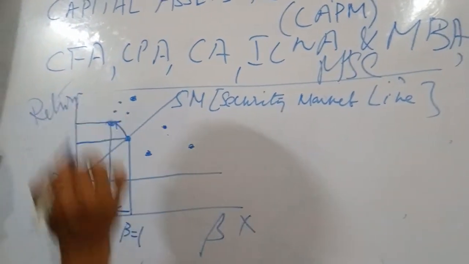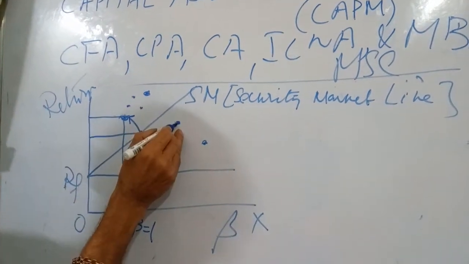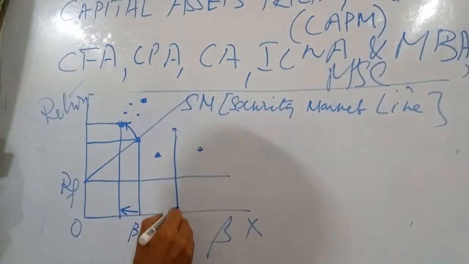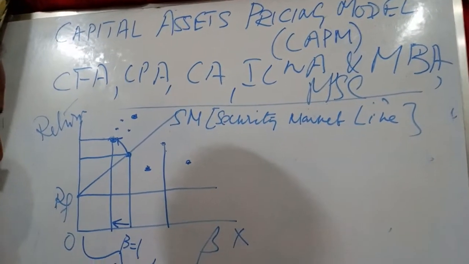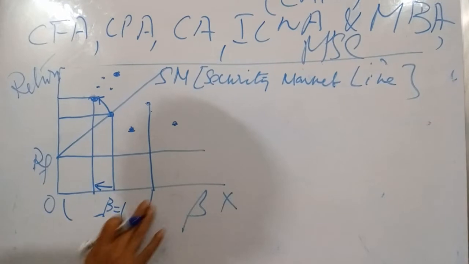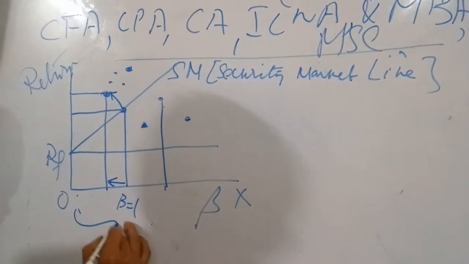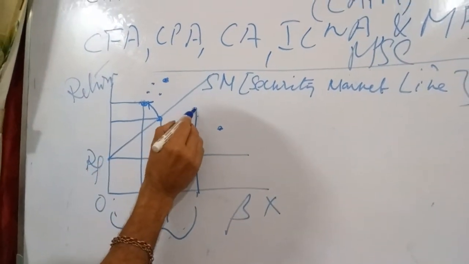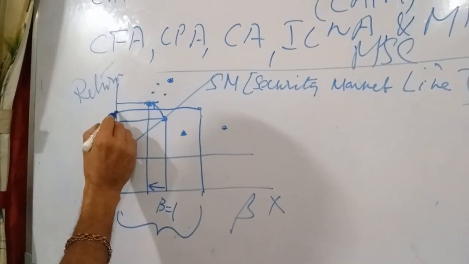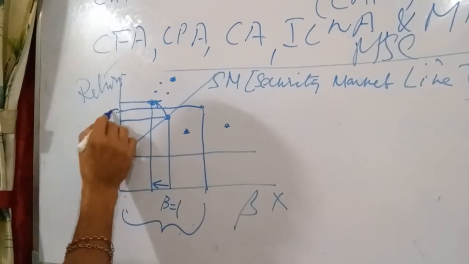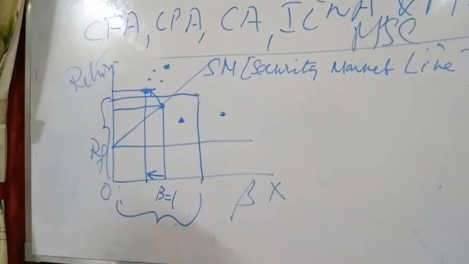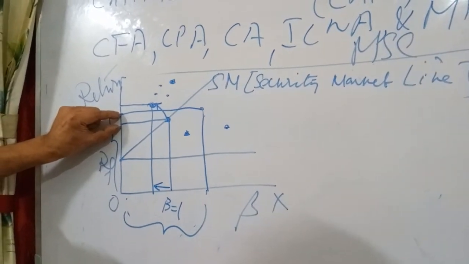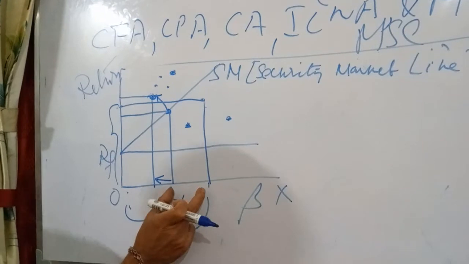Now what about these points? See, if the investor moves from here to this point, what is happening? This is the risk, and this is the return. That means return has increased by this much, but risk has increased by this much.